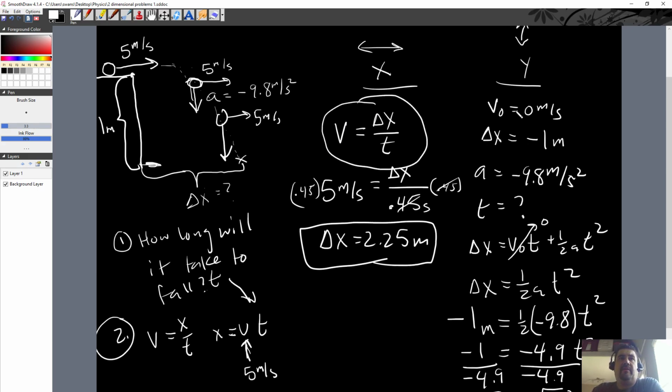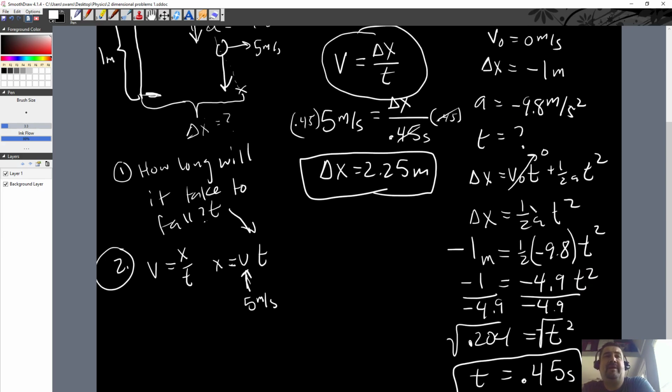On the Y direction, you have to use one of our gravity acceleration problems to figure out how much time gravity will take to make it. How much time will this thing have in the air? So the left and right, that speed's just going and going and going. It'll go forever until gravity smacks it onto the ground and says, nope, you're not going any further. So I need to calculate how much time this thing is going to be in the air.